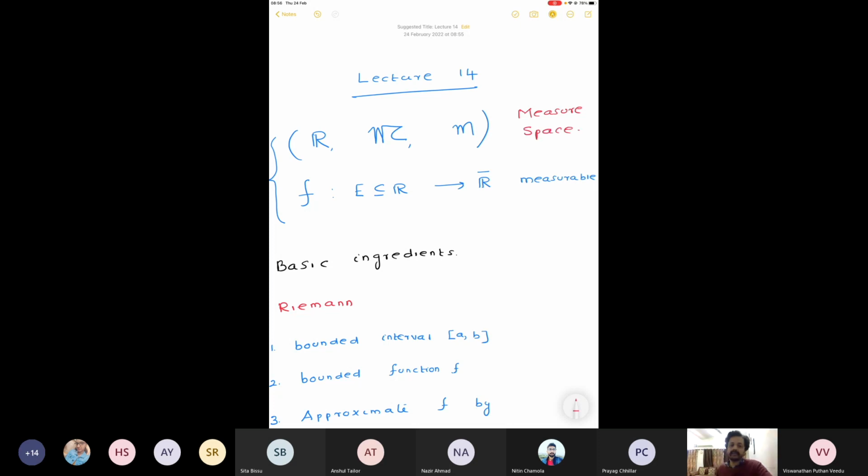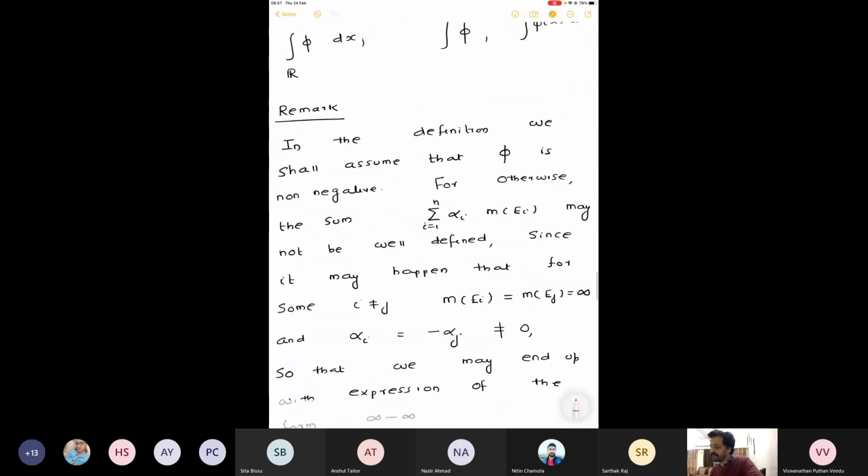Since your measure space is on R, you are integrating over R. But later, slowly you changed it into integration over E. But suppose you have a measure space on E itself, from the beginning. That is E, some subset of R, then a sigma algebra M on that E and a measure on that E. Then you can integrate over E. Are you with me? Yes, sir. So in that way also you can proceed to get integration over E.